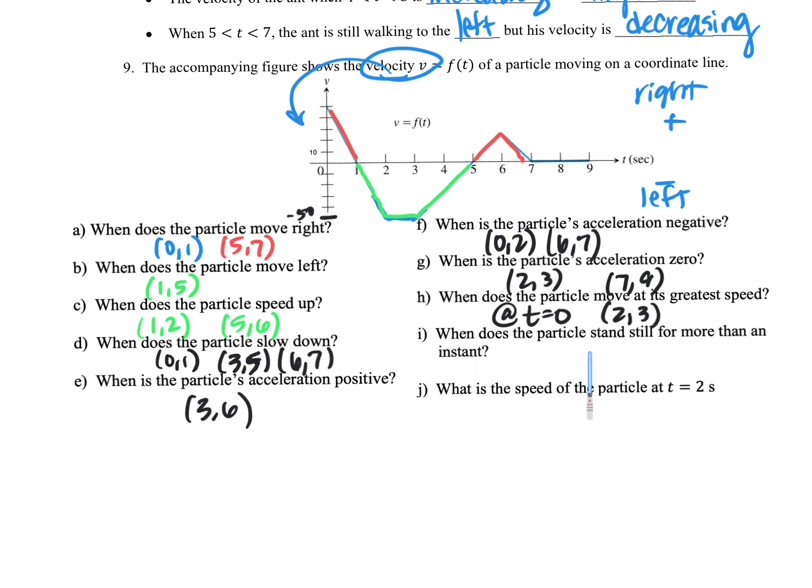When does my cute little particle stand still? If I stand still, if I'm at rest, what do I know? My velocity is 0. So maybe you write yourself a little note. My velocity is 0. When is my velocity 0? 2 to 3. Close. Isn't acceleration 0 there? 1. Ooh, at 1. 7 to... Oh, but look what I said.